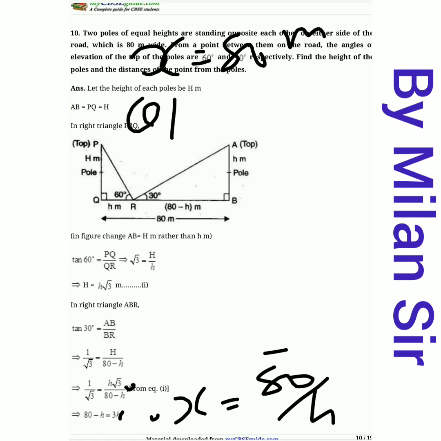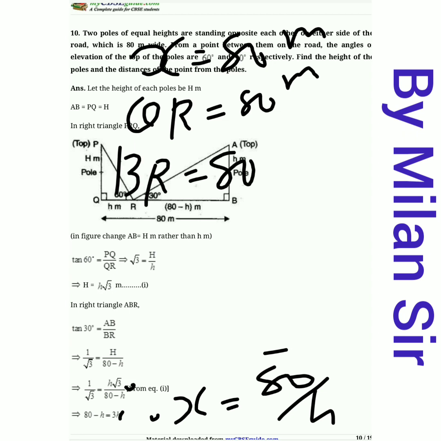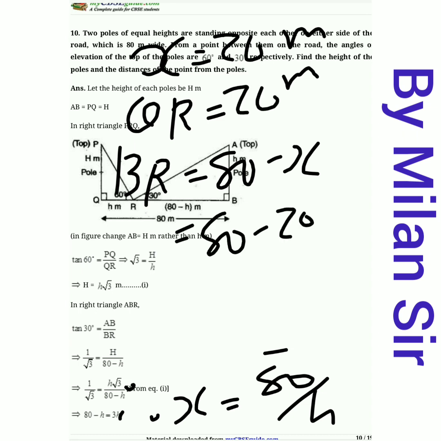So our QR is equals to 20 meter. So our BR is 80 minus x. Sorry, x is equals to 20 meter, 80 divided by 4 is 20 meter, right? So here 80 minus 20 is 60 meter.